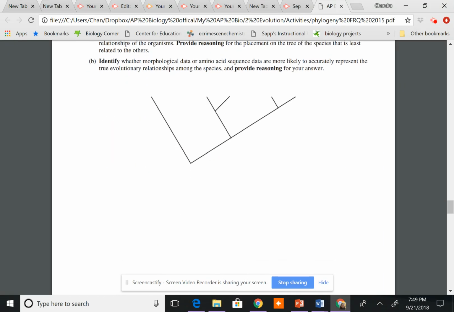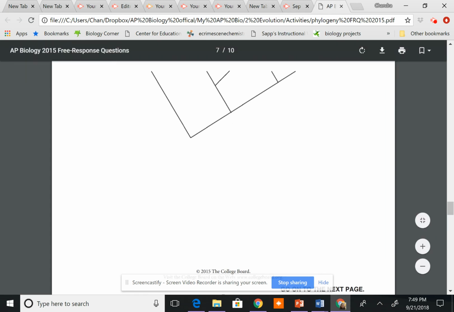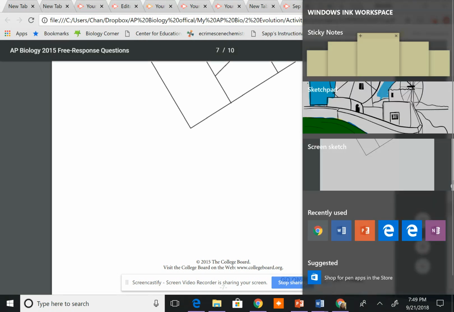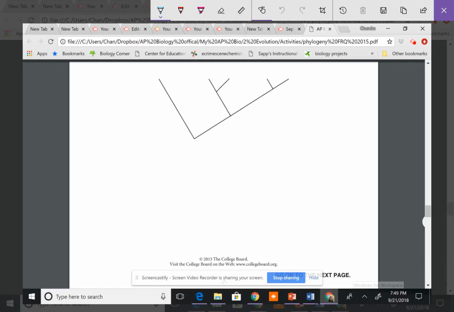Okay, so we've done part of part A. The other part says provide a reasoning for the placement. So this is what my reasoning would say if it were me. We've already addressed what the reasoning is. I'm going to switch the color here because it's a little hard to see.